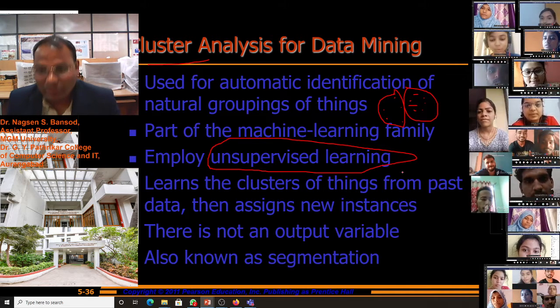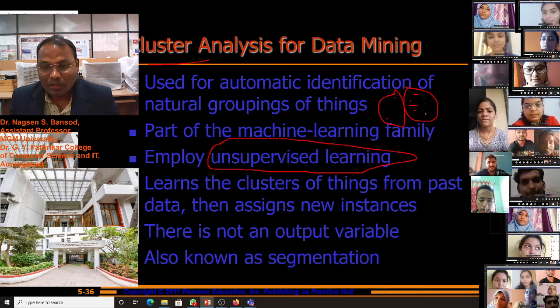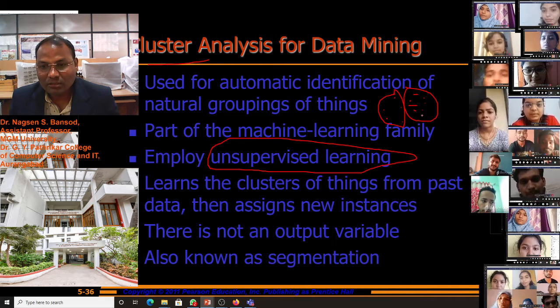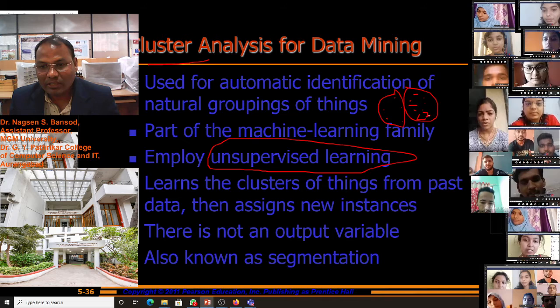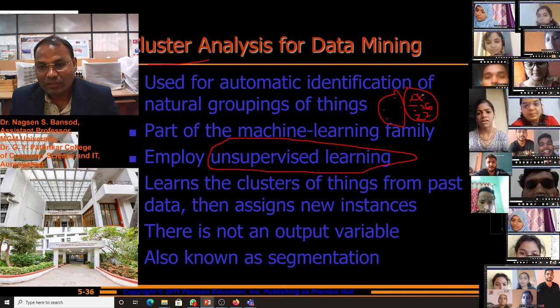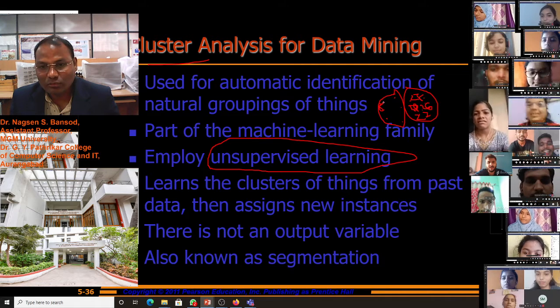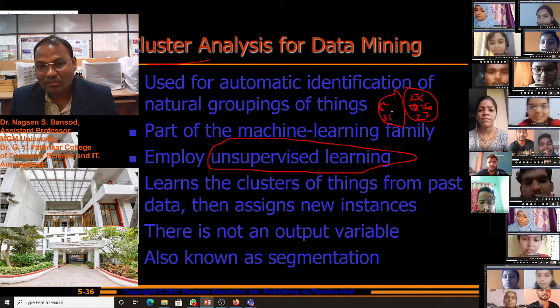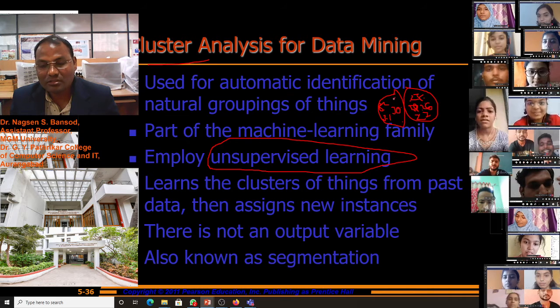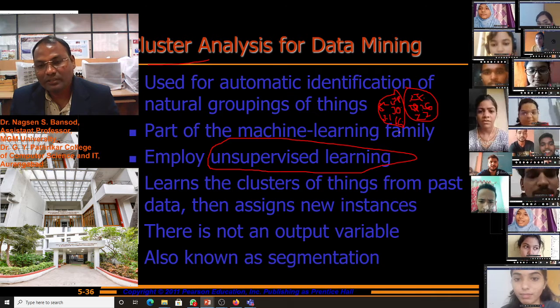Suppose we have to make the cluster of temperature. Suppose at this location temperature is 27 degrees Celsius, 26, 25, 28, and here is 32 degrees Celsius, 31, 30, 35, 34.